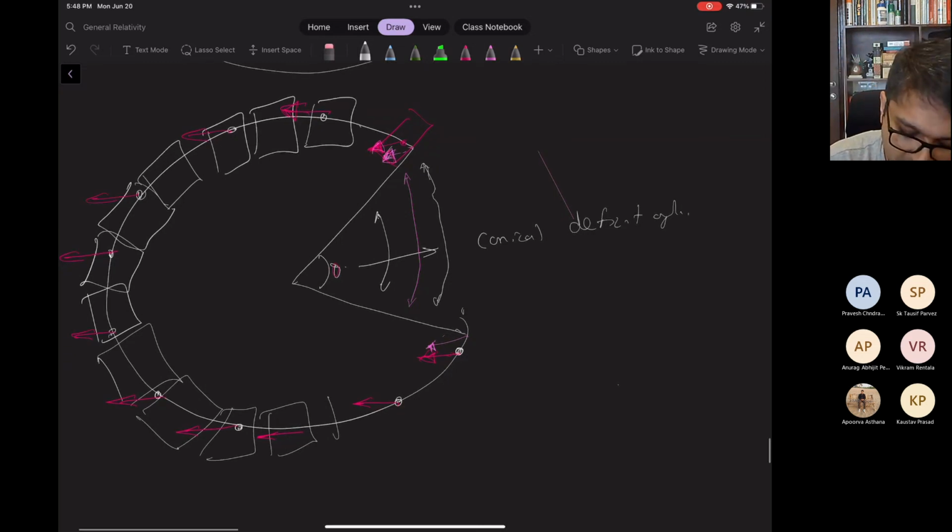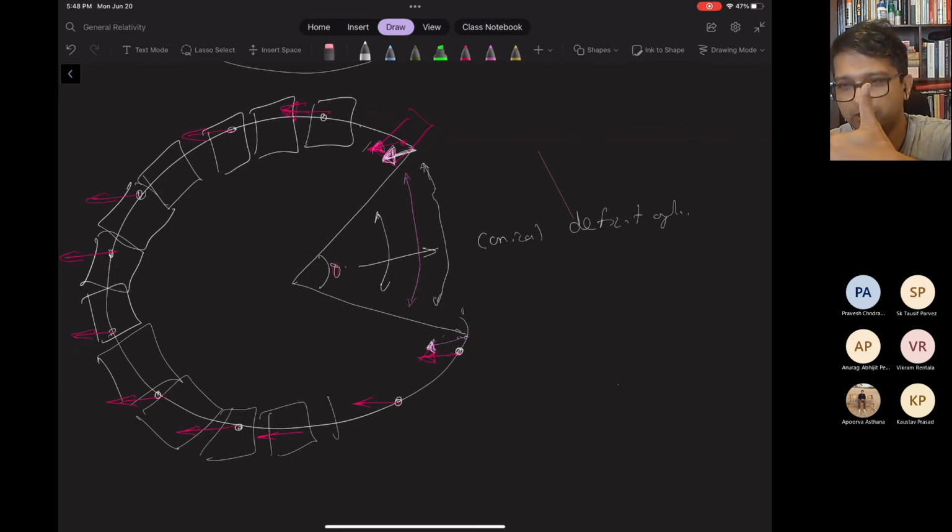So basically the point is that this tangent vector, when I glue it here, it looks like it's parallel because I've opened up this cone, but when I glue the cone together, you will see that this is no longer parallel to this.